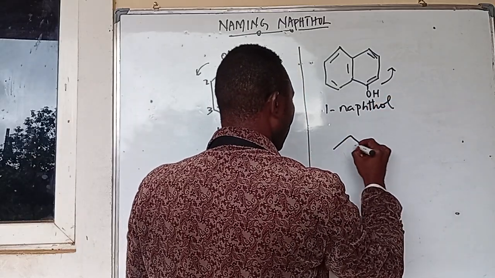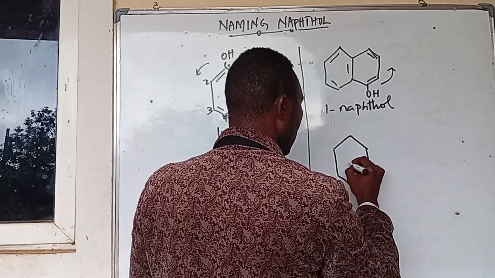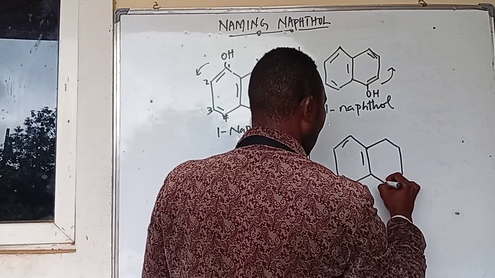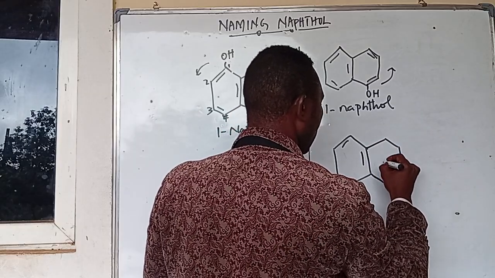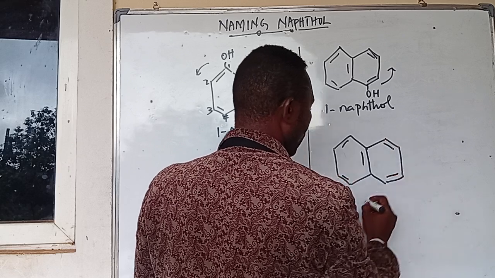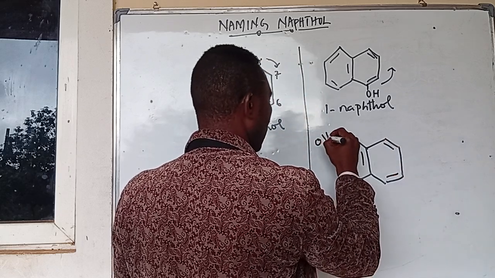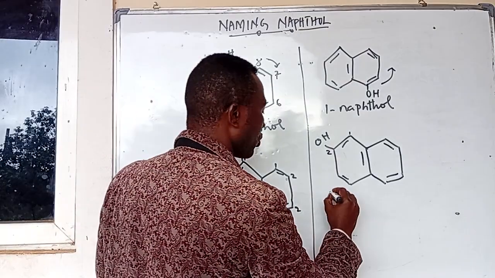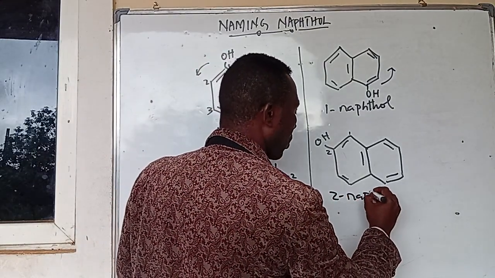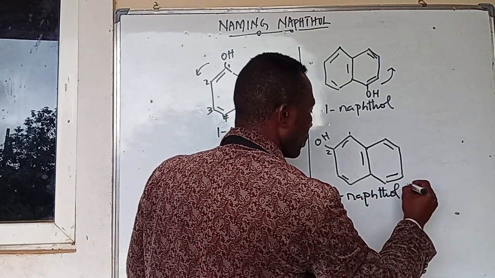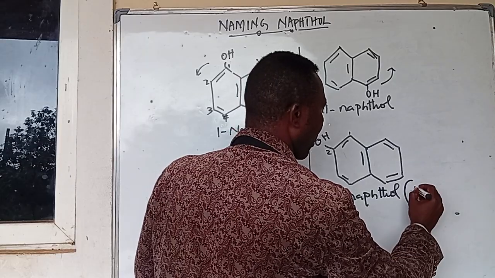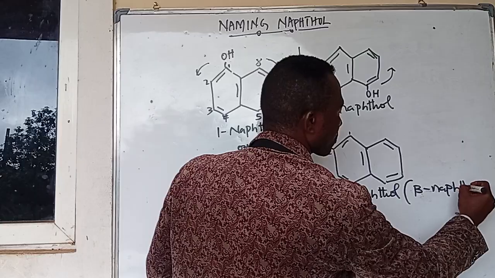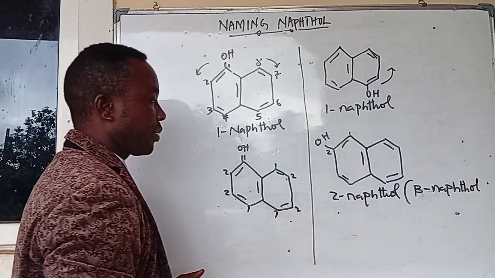But when we have the OH group at position 2 of the naphthalene ring this way, so this is 1, here is 2, the compound will become 2 naphthol. 2 naphthol is also known as beta naphthol.